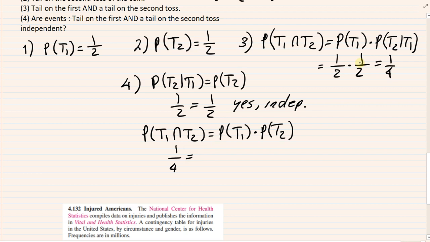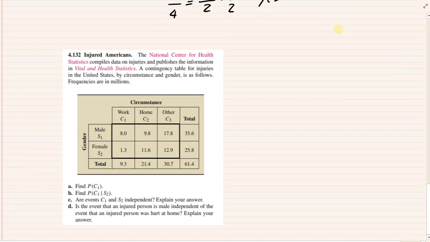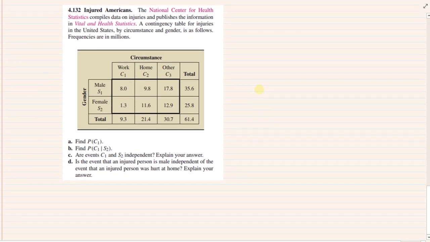And the probability of tail, that's just the marginal probability of tail on the second, 1/2. Again, this one is yes. So you can test for independence different ways. So hopefully you get the idea, to have a grasp of this conditional probability and the use of the multiplication rule.